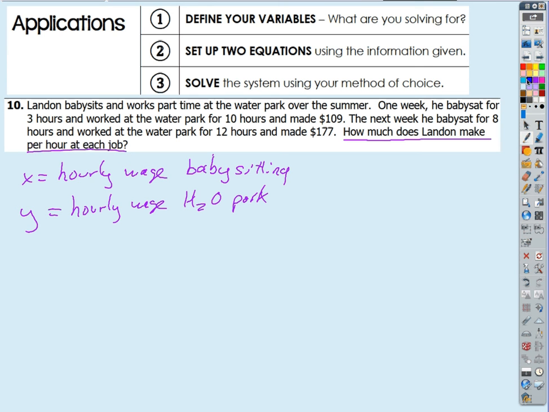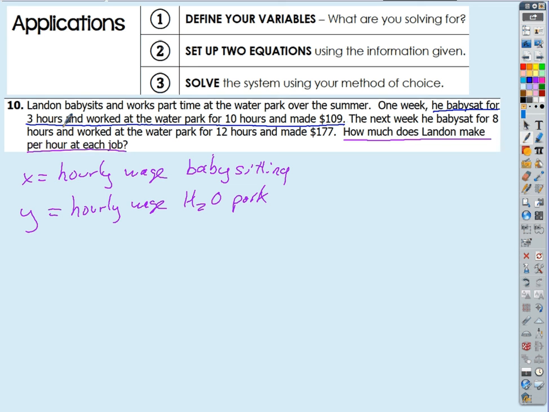Well, here's some information. One week he babysat for 3 hours and worked at the water park for 10 hours and made $109. So how can I make that into an equation, where X is his hourly wage babysitting? If he babysat for 3 hours and made X dollars per hour, how much money did he make babysitting? 3X. I'm gonna multiply the number of hours times the rate.